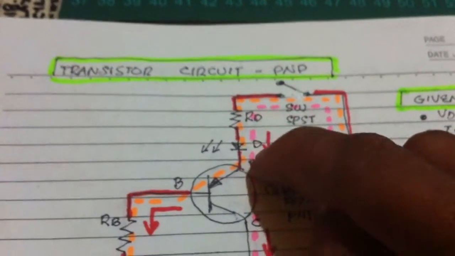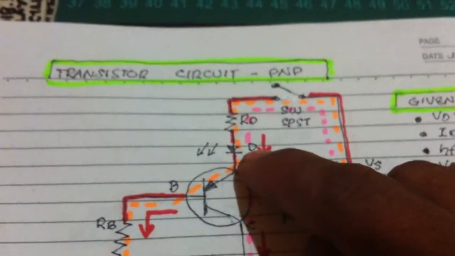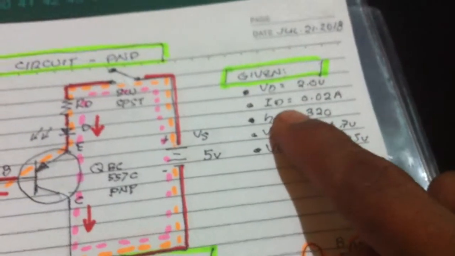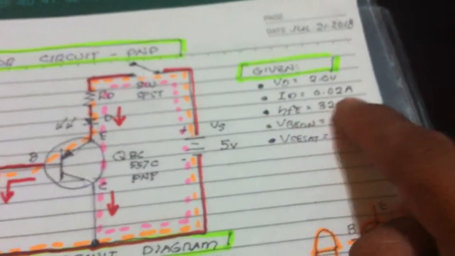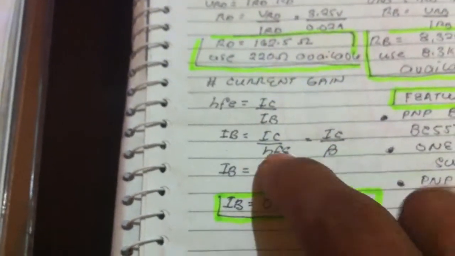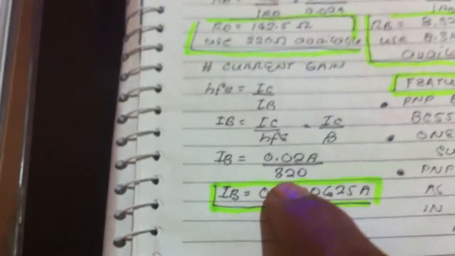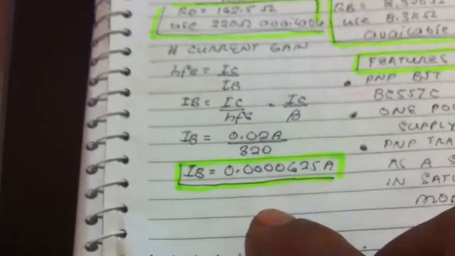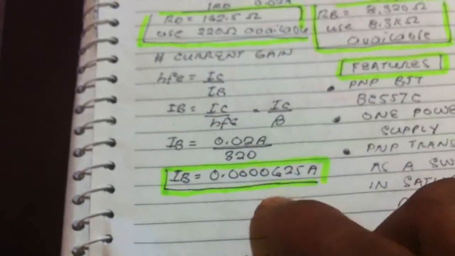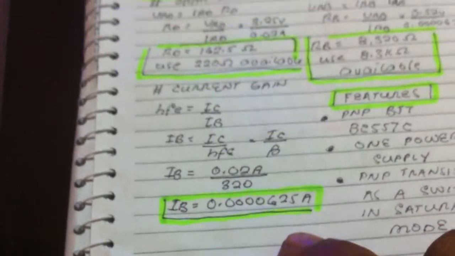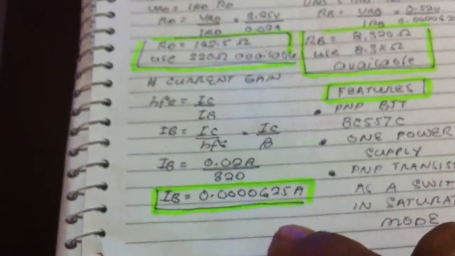The current at the collector is equal to the current in the LED and the current in the resistor. That is given in the data sheet of the LED, 0.02 ampere. And the beta and the HFE is 320, given also in the data sheet of the transistor. We get now IB, base current of 0.0000625 ampere, a very small current to turn on the transistor.